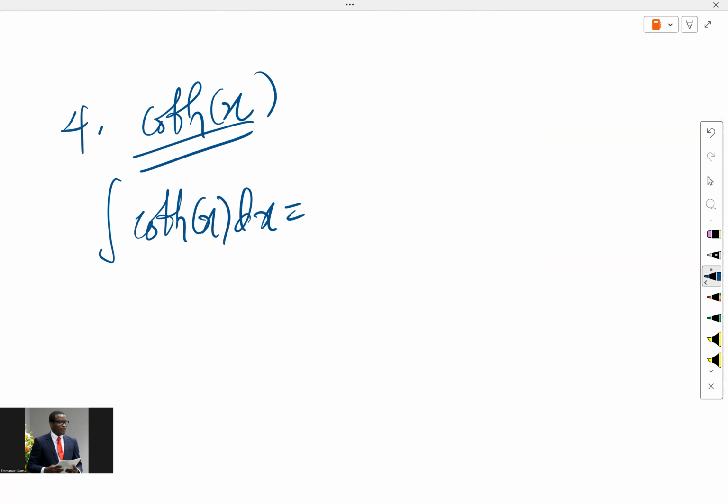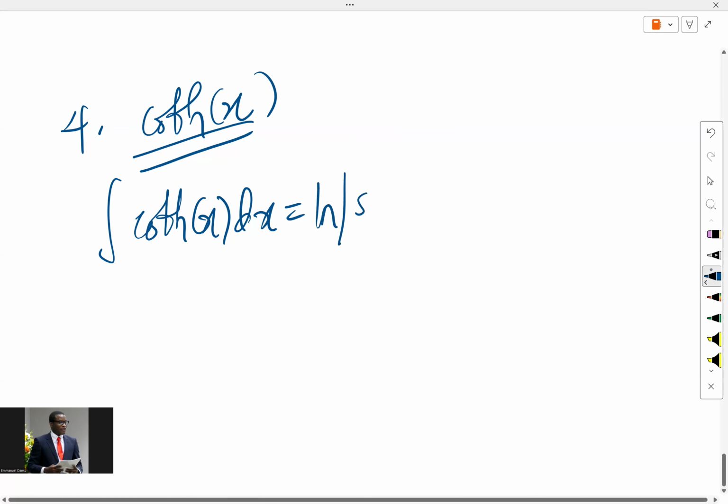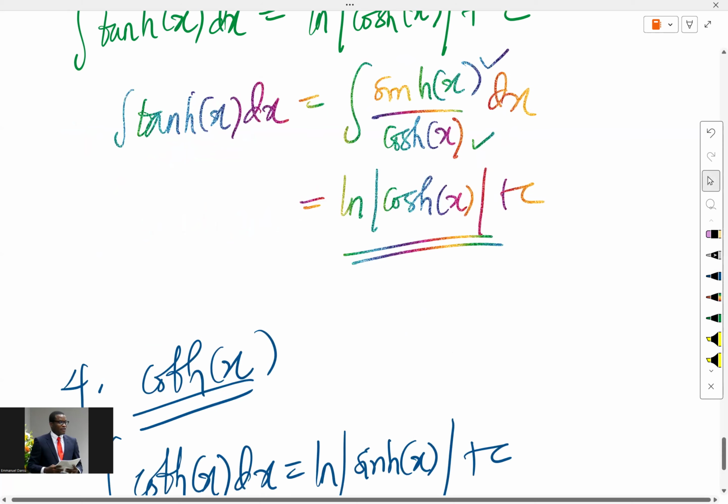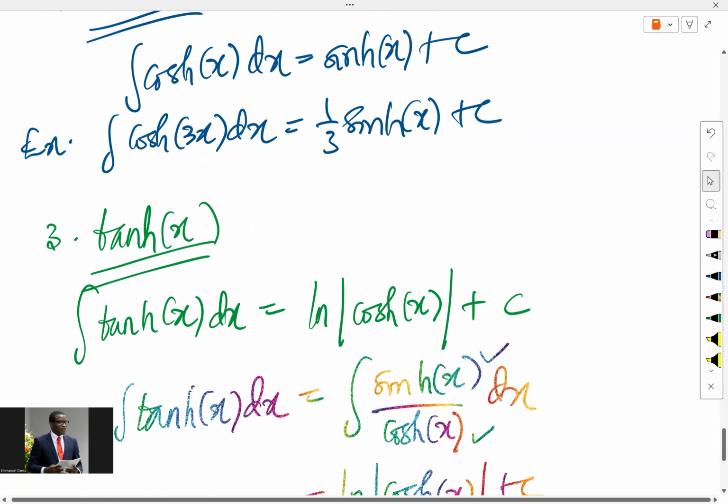And if you differentiate sin, you get cos at the top. So this is just going to be the ln of the bottom, which is ln of sin x plus an arbitrary constant c.